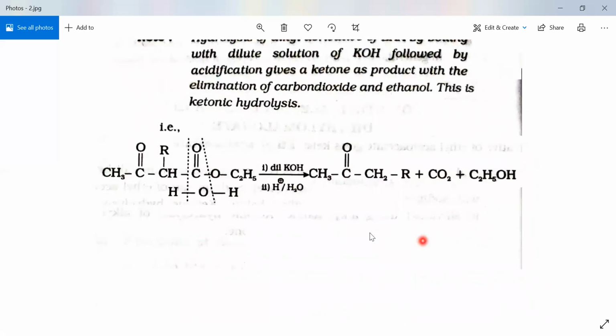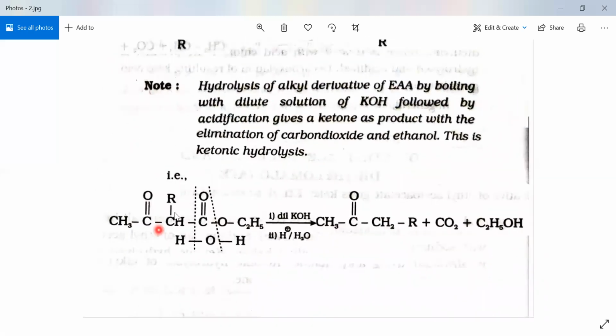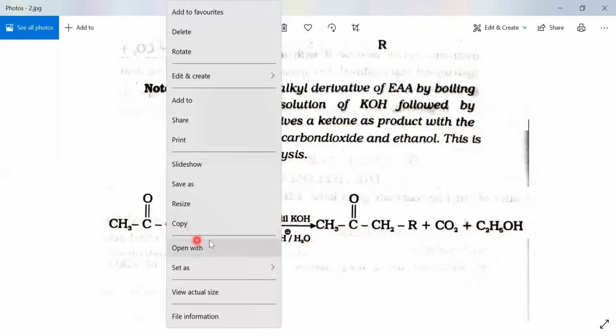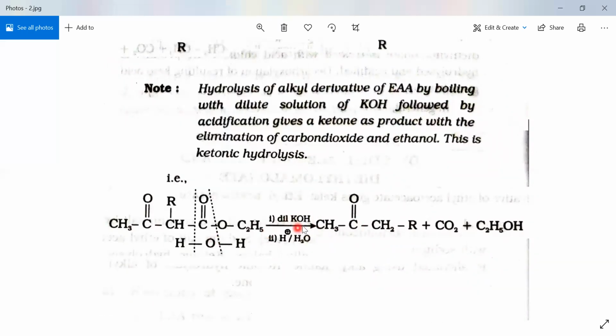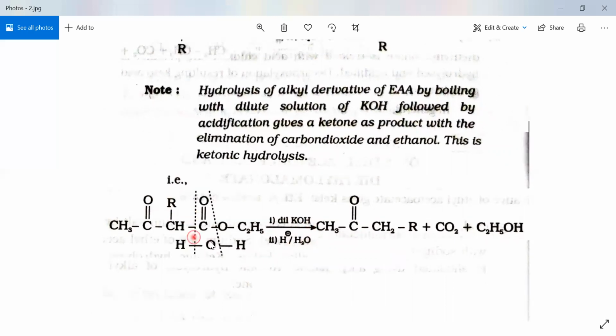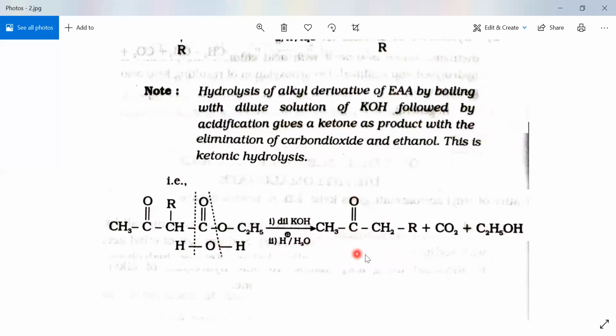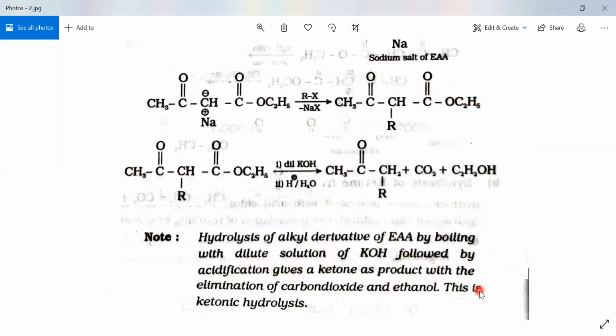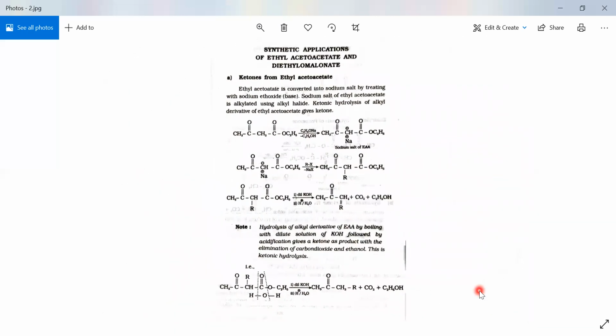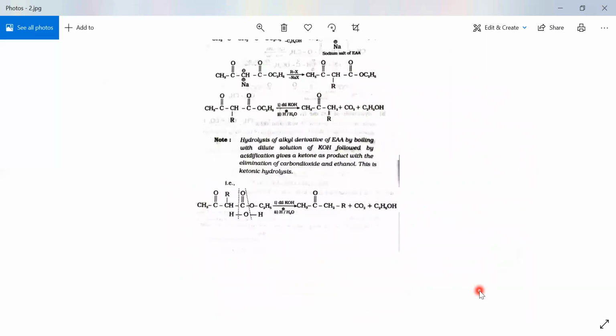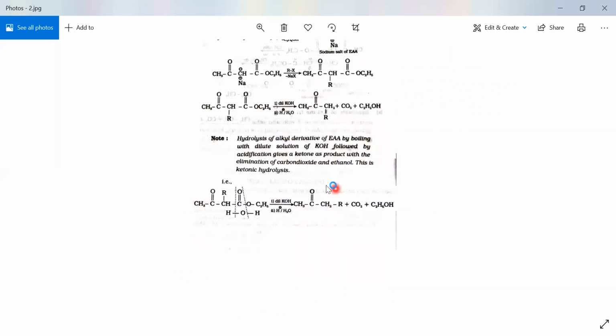Here, by treating with KOH and acid catalyzed hydrolysis, the cleavage forms the ketone compound plus CO2 plus ethyl alcohol. Like that, by using ethyl acetoacetate we get the ketone product.